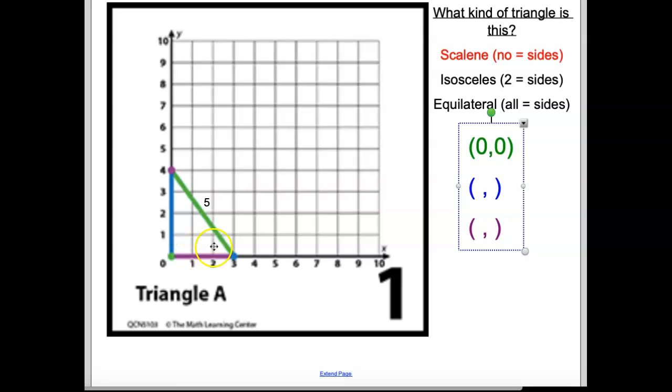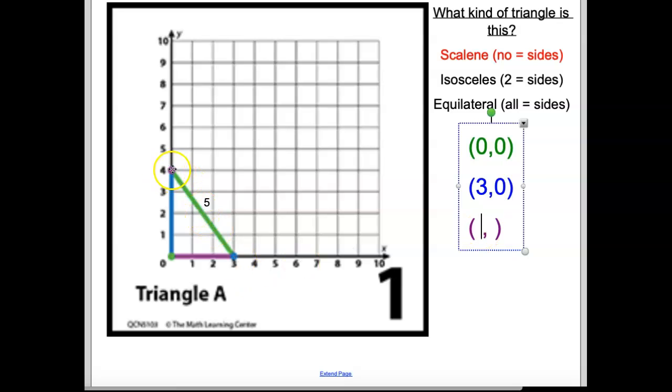Now let's try the blue point. Starting from over here, how many spaces do you have to move over? 3. Very good. How many spaces do you have to move up? 0. Very good.